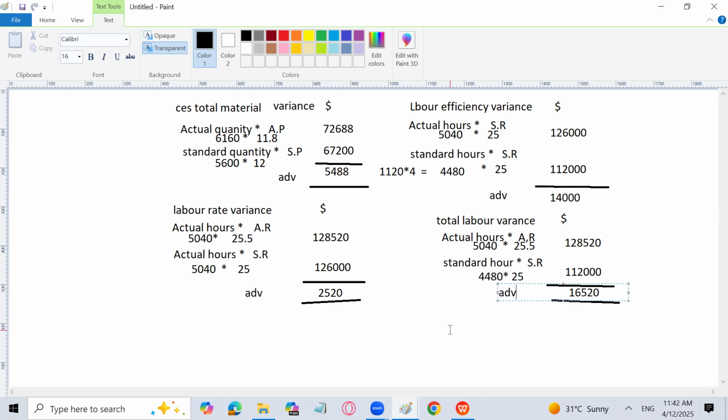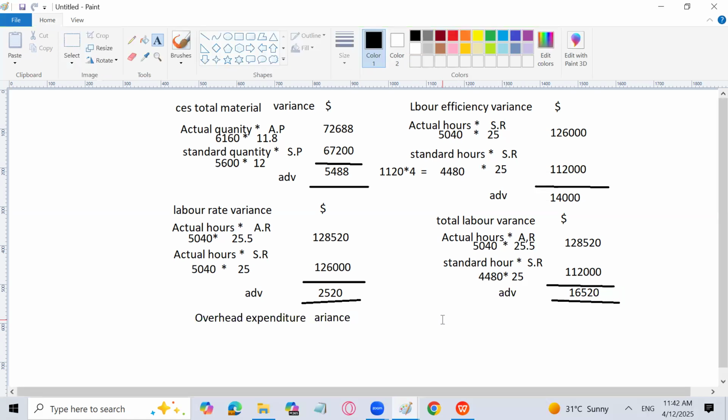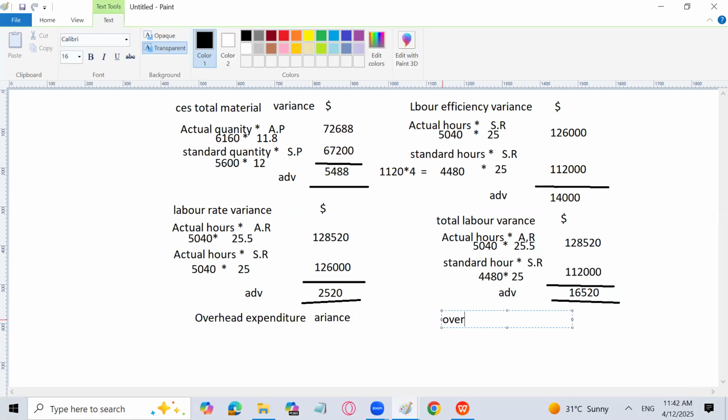And now we are going to calculate the overhead variances. First, we have overhead expenditure variance, and the second one is basically overhead volume variance.